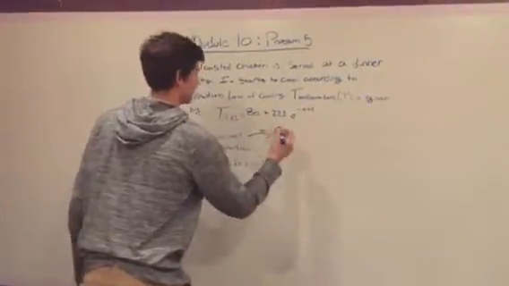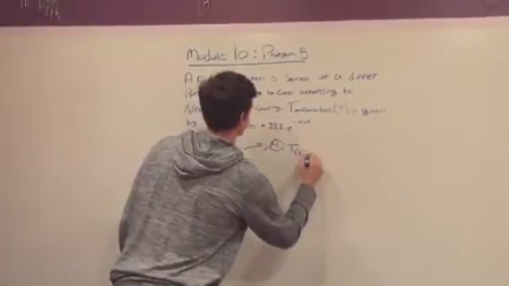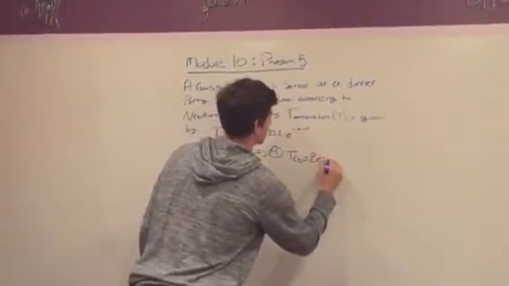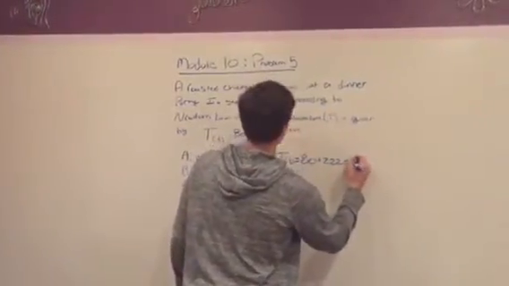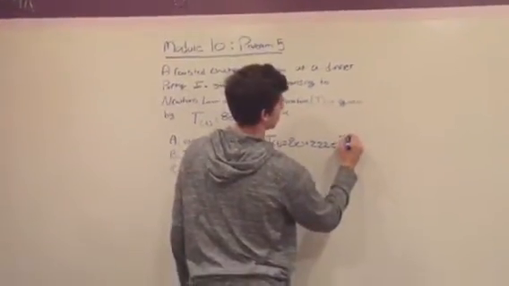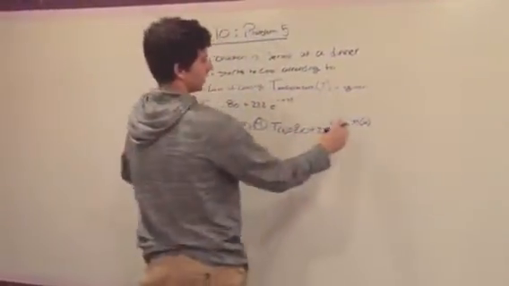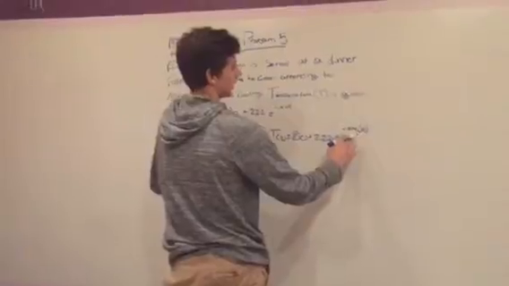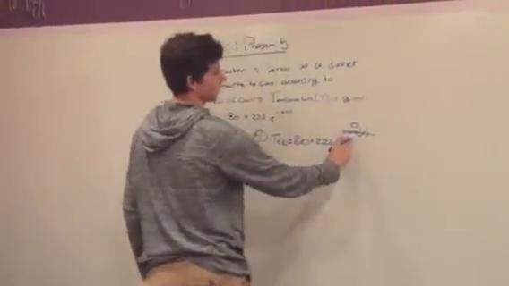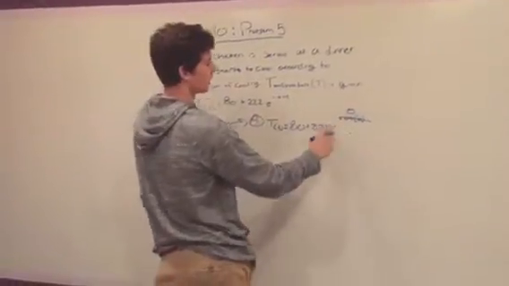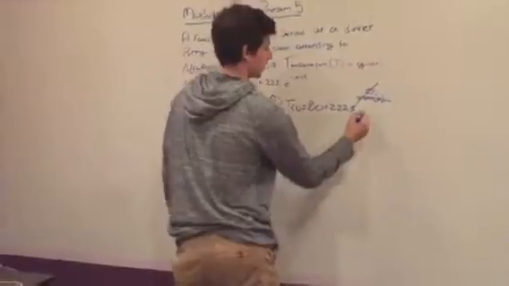Let's do it this way. T(t) = 80 + 222e^(-0.04 × 0). The exponent is going to give you 0, because negative anything times 0 is going to give you 0. e to the 0 is going to give you 1.